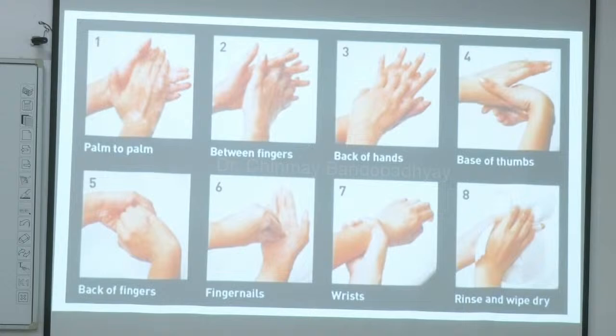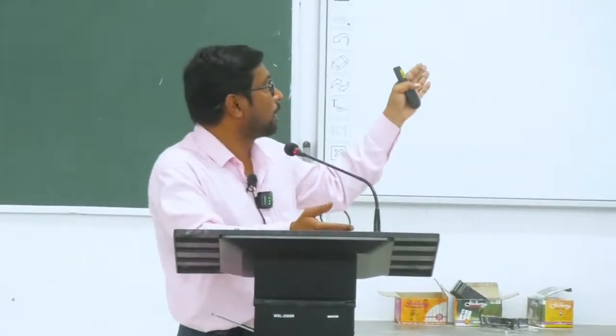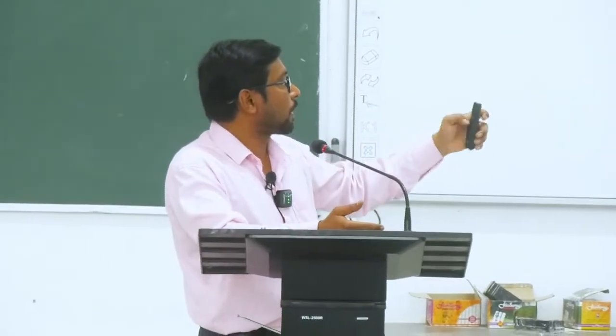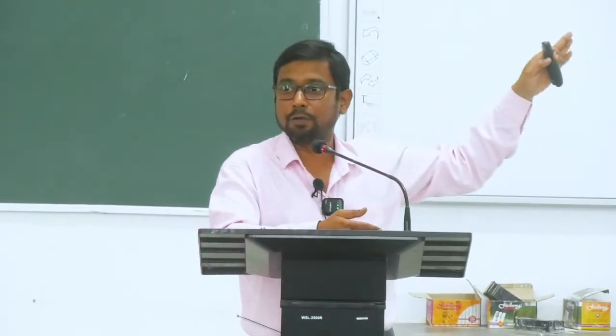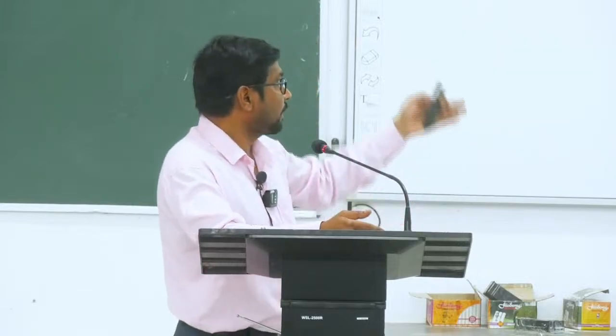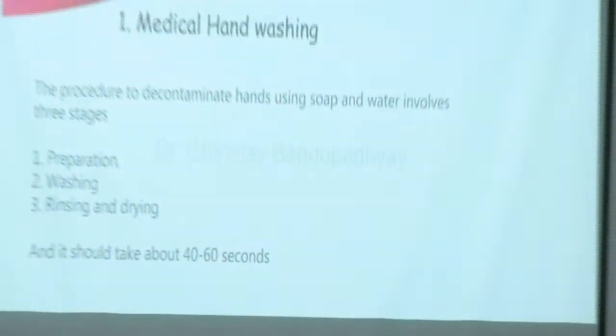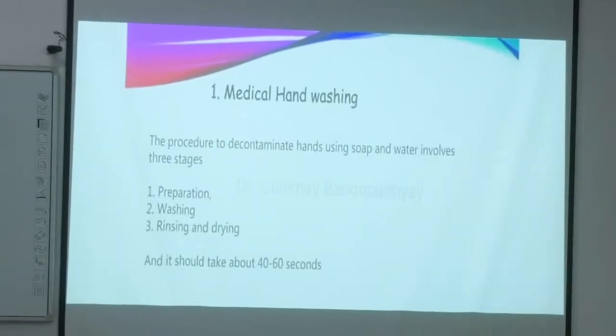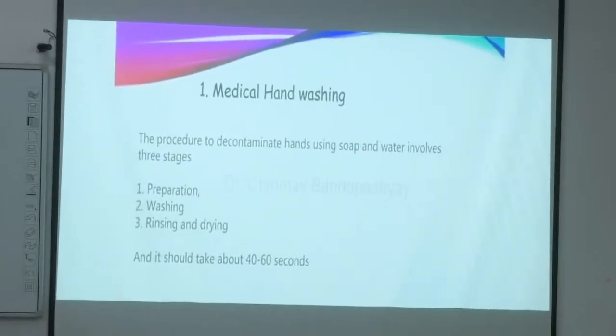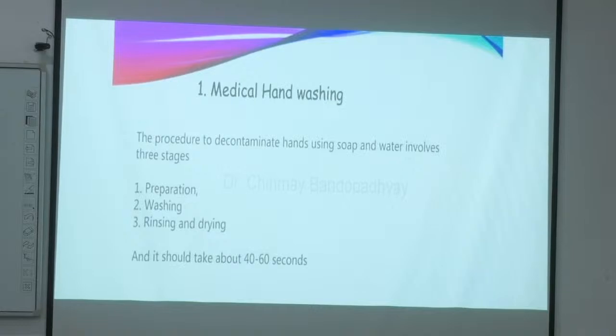Step 1, before you wash your hand, obviously you should apply some water, and then apply liquid hand wash soap on your hand. I will go through these 7 steps one by one. You have to make some preparation, because an adequate amount of water flow should be there. If there is no proper water flow, it will affect your hand washing, and soap or visible soil may remain even after washing.